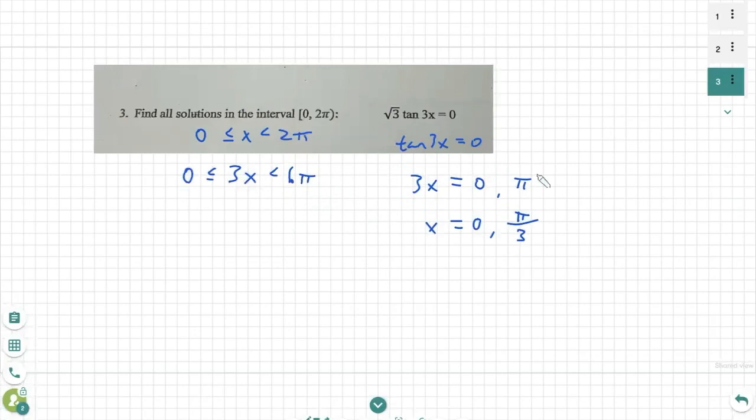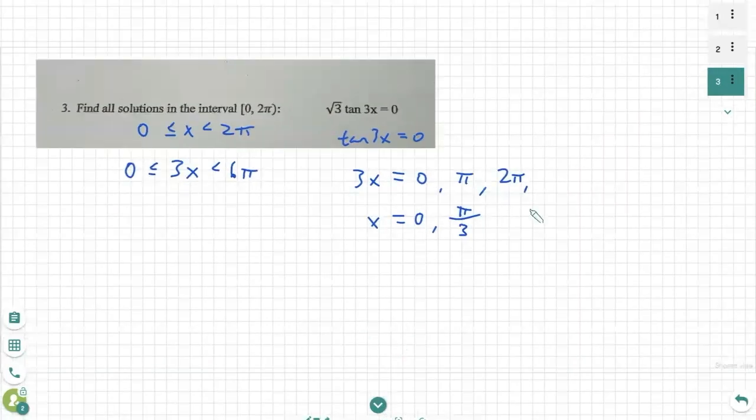So then what's after pi? 2 pi. What's after that? 3 pi. After that, 5 pi. I guess we don't have to include 6 pi because it's less than 6 pi. We don't include the last one.